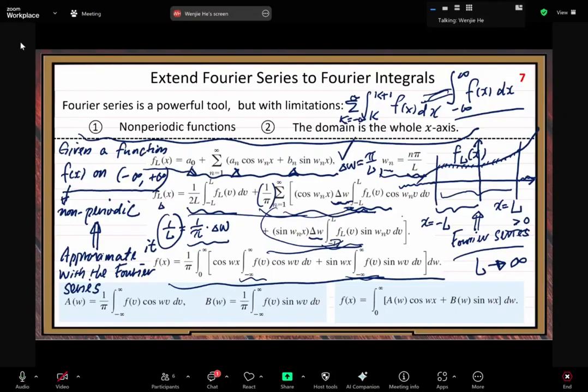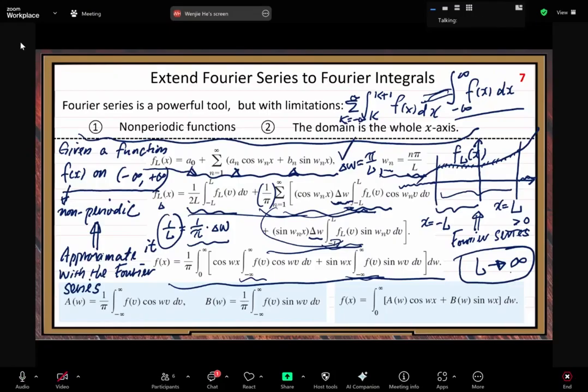After that, the important step: we make L, capital L, go to infinity. This time we do that limit step. That capital L gets larger and goes to infinity. When we do that, we need to take the limit, right?